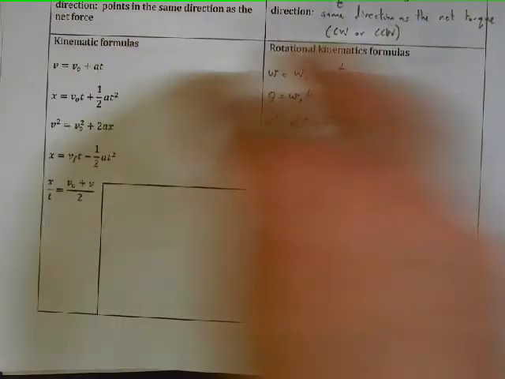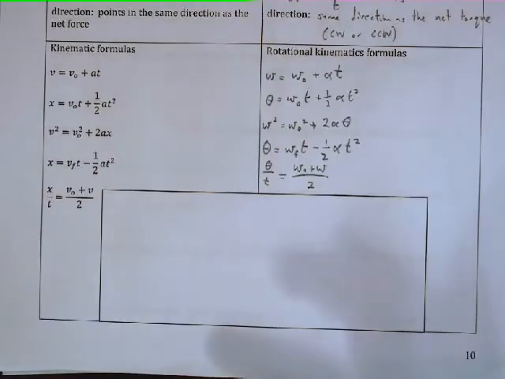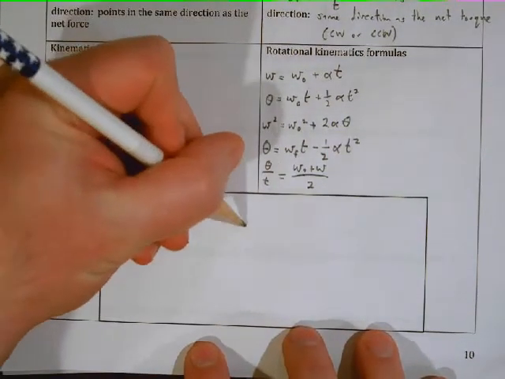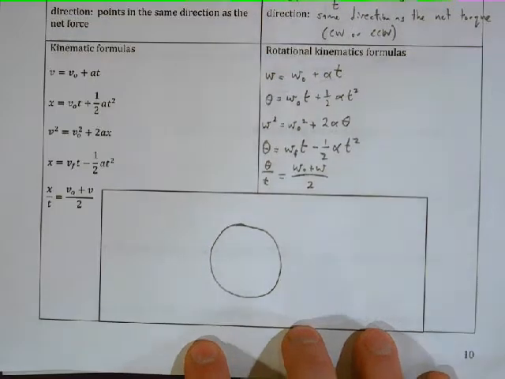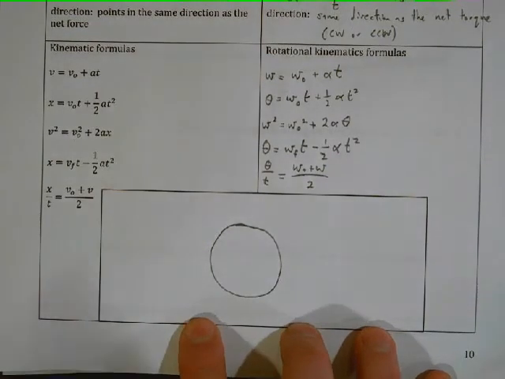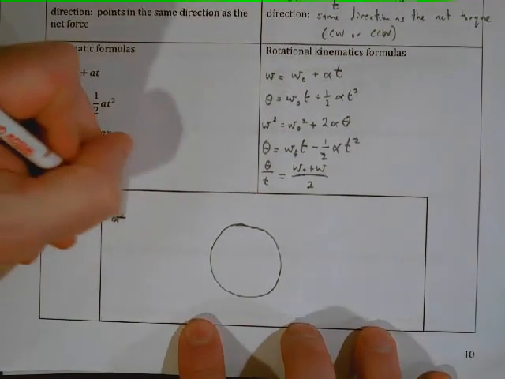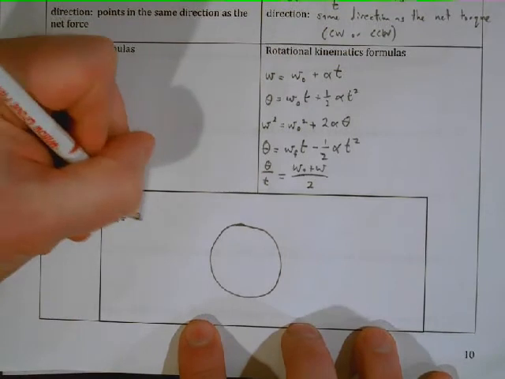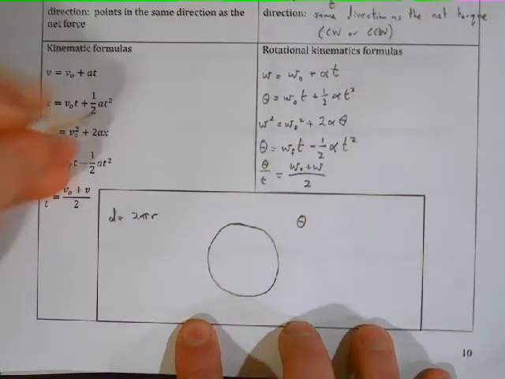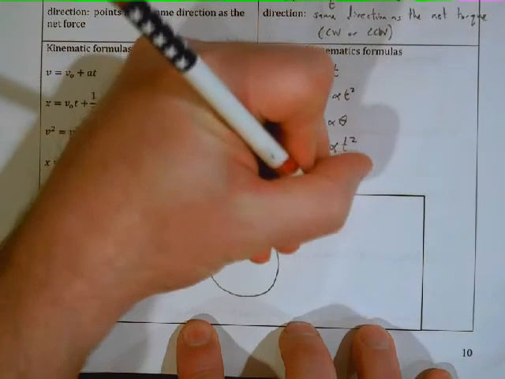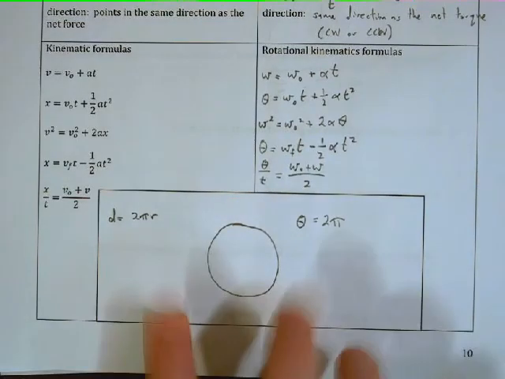And then the last thing down here is super duper important, and we're going to be coming back to this over and over and over again. This is connecting the linear to the rotational. So here's what you're going to do. You are going to draw a circle. All right, everybody draw a circle. And then we're going to say, all right, the distance to go around a circle one time is 2 pi r.